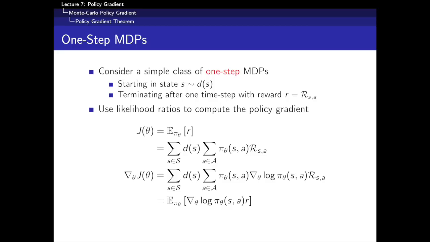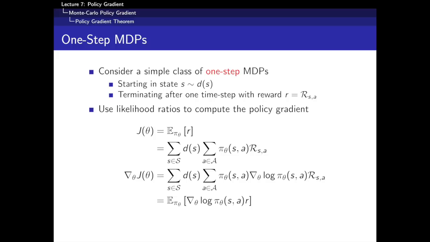And so the way we're going to do that, let's just expand this out. So this is the expectation over the state that we start in, and this is the expectation over the actions that we pick under our own policy. So this is the expected reward. And now we're just going to plug in the likelihood ratio trick. So we're going to take the gradient of this whole thing. We want to know the gradient that gets us more reward. Basically, the only term which depends on u is our policy.